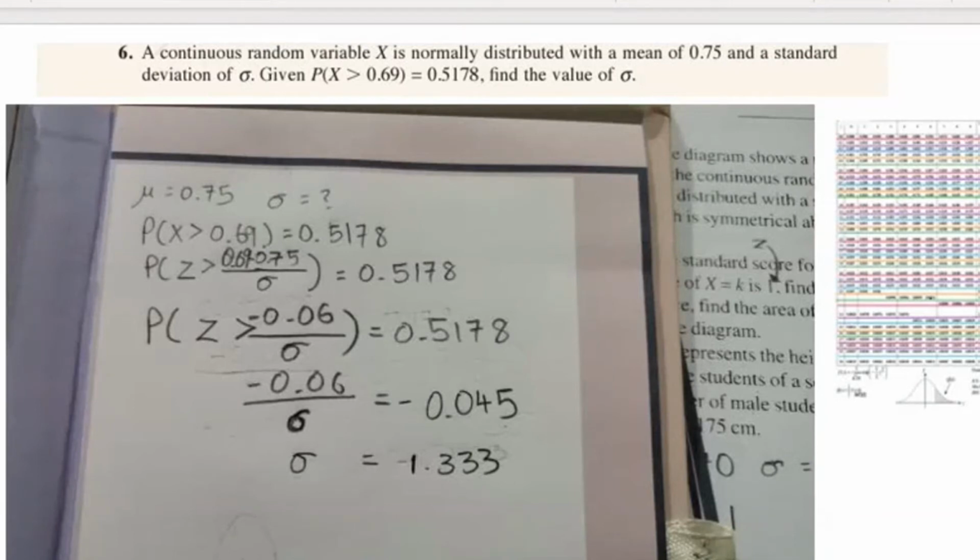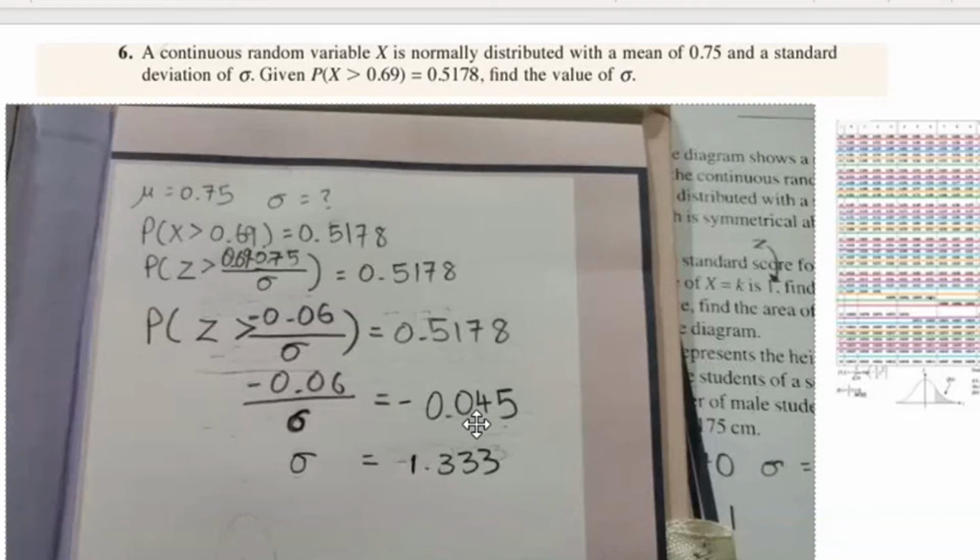Then I subtract it. So it's negative 0.06 over standard deviation. Then the 0.5178, I press the calculator. Then it is 0.045 is the answer, but the standard deviation cannot be negative, so the z-score is negative.